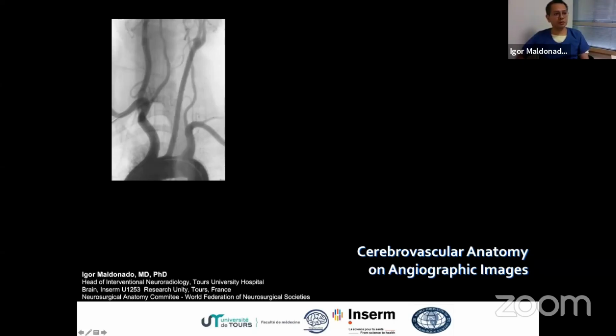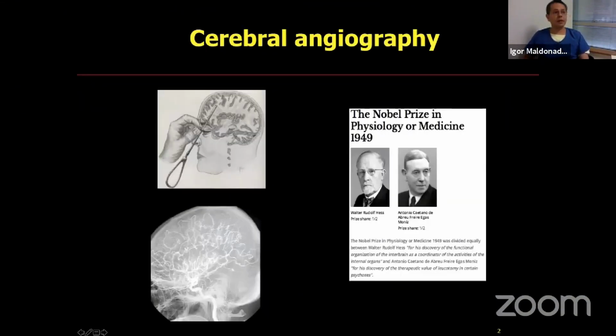So thank you, Tom, and thank you all for this fantastic experience. Many of you remember the contributions of Egas Moniz to the development of cerebral angiography at the beginning of last century. At that time, cerebral angiography was performed by direct puncture of the carotid artery without any kind of subtraction.